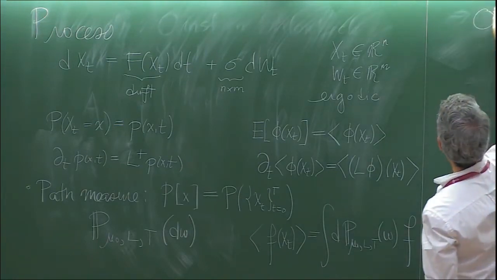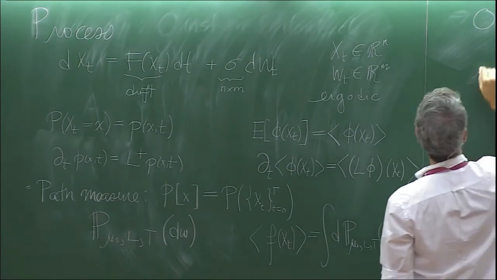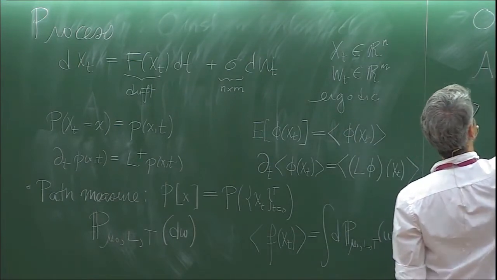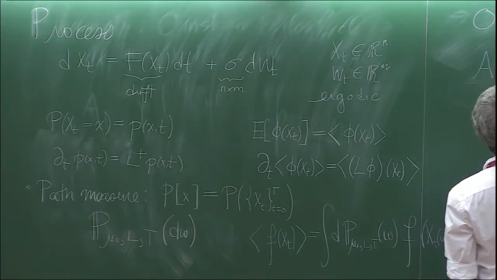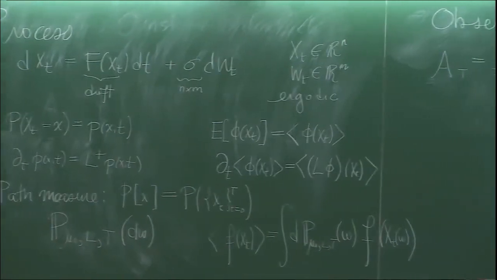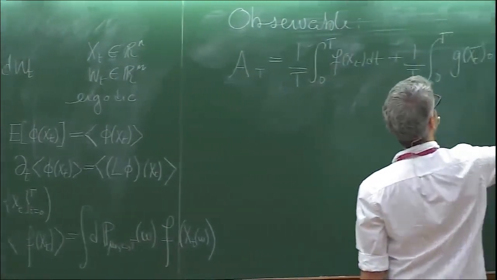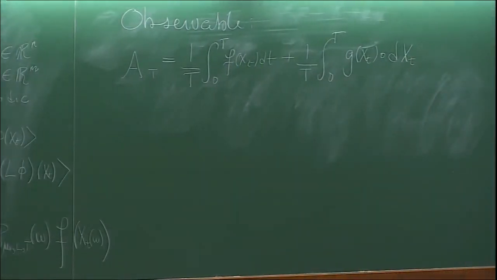Okay, so that's the first part, the process part. The second part is the observable, so I'll be quick on this one. The observable that we consider is exactly the observable that we considered up to now. For diffusion, I have a purely time integral part, and then for doing a bit more of physics, I can also consider something that will depend on the increment, and again, I'm using the Stratonovich product for convenience.